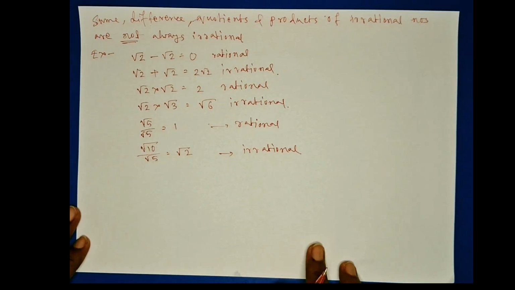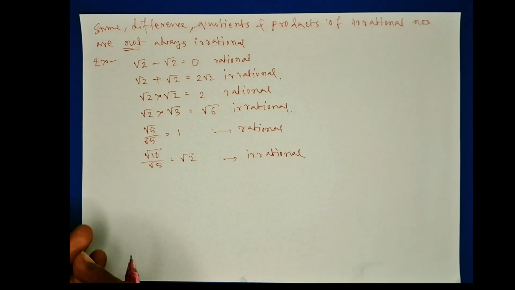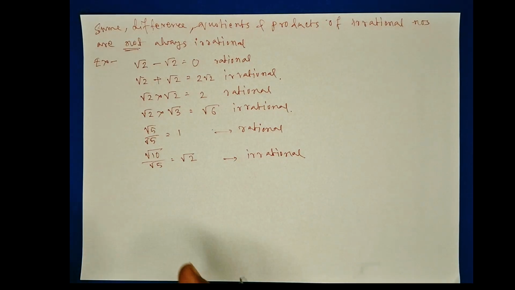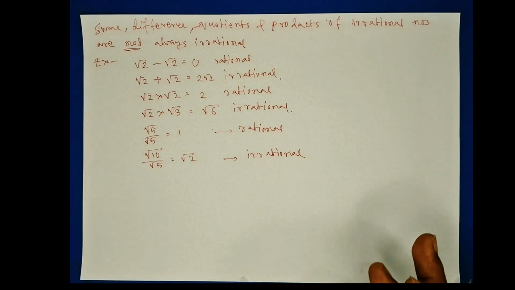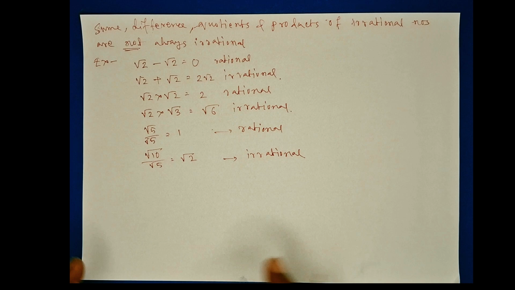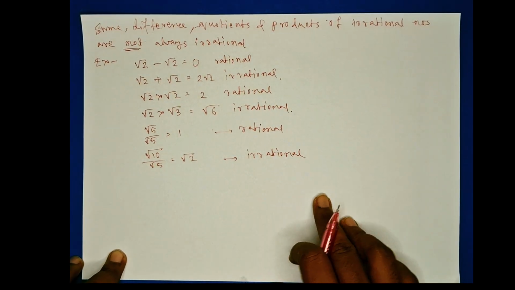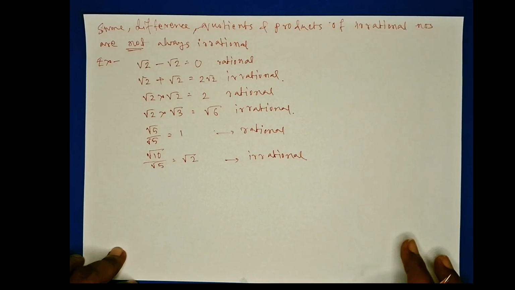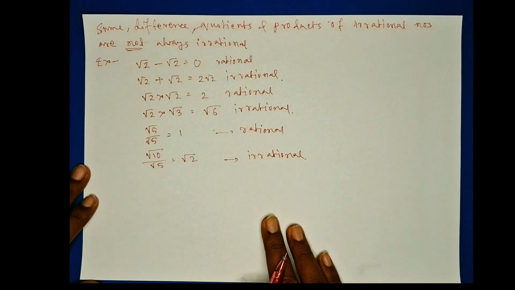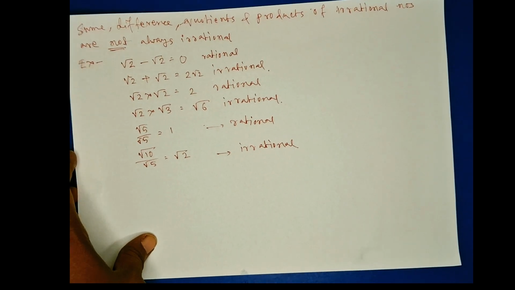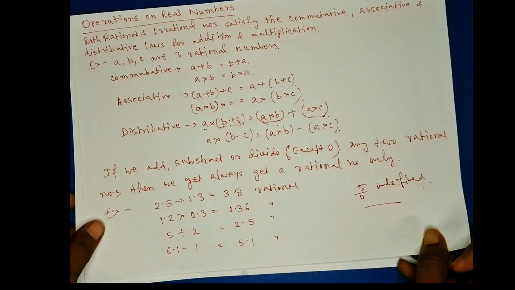So I cannot always say that from the sum, difference, products or division of any two irrational numbers, I always get an irrational number only. I can get rational numbers also. So some important points to be noted from these two examples.